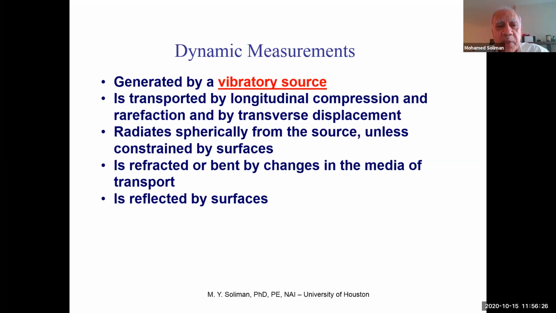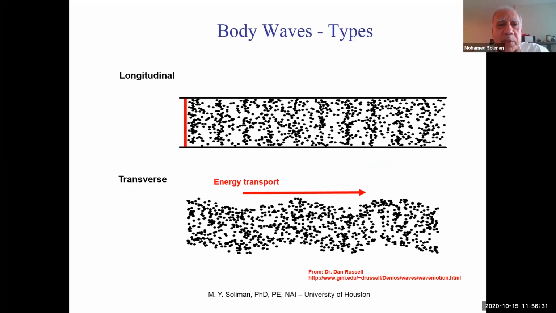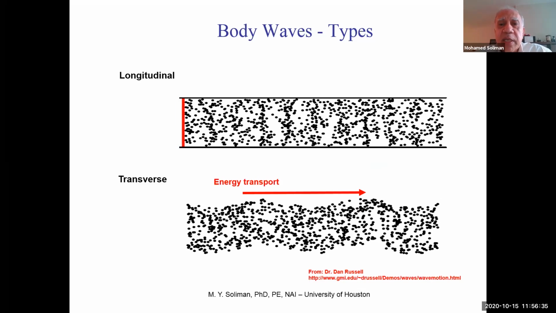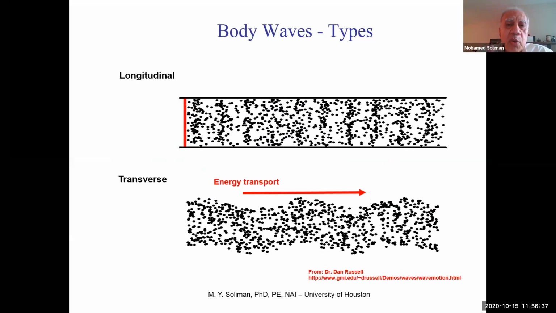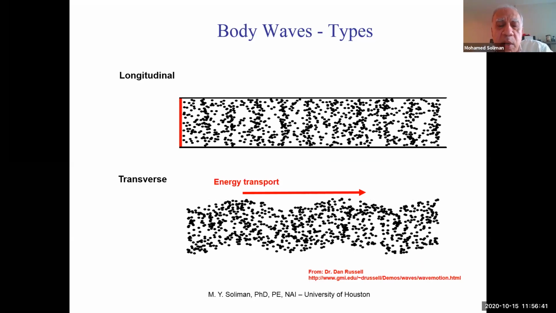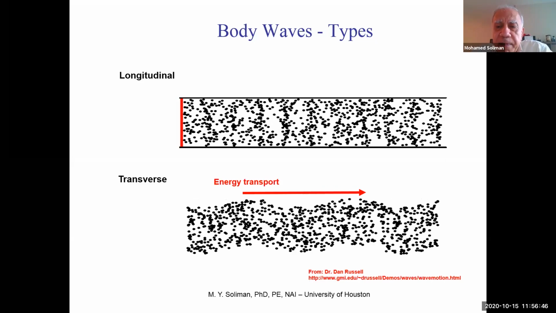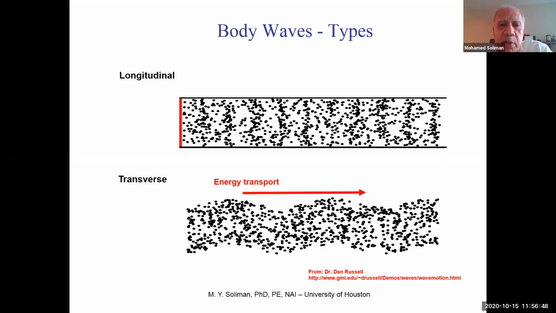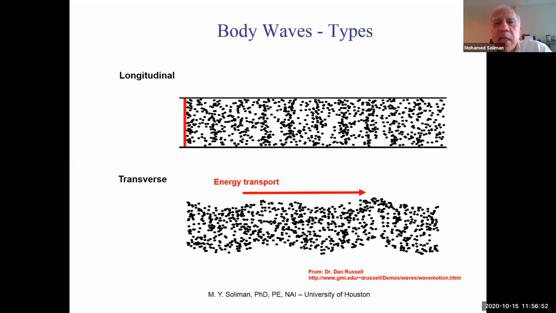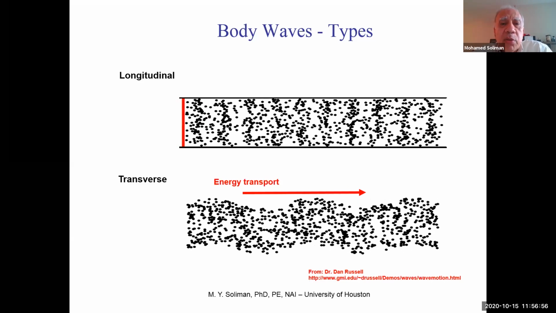The sonic wave will vibrate the grains, and the vibration happens either longitudinally, as you can see in this picture, or transversely. I find this an interesting slide. You can see there is vibration going longitudinal or transverse.